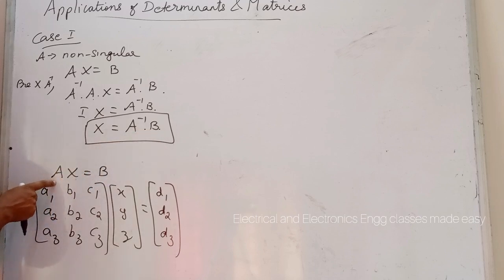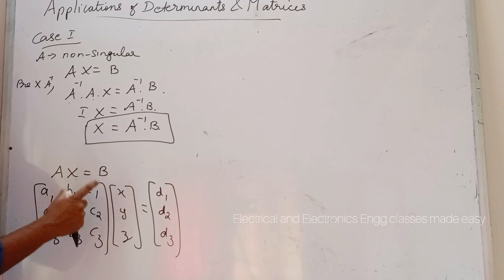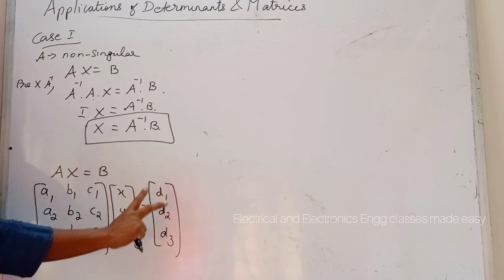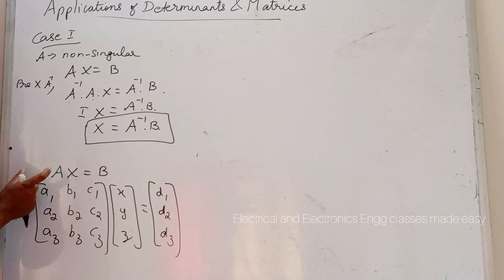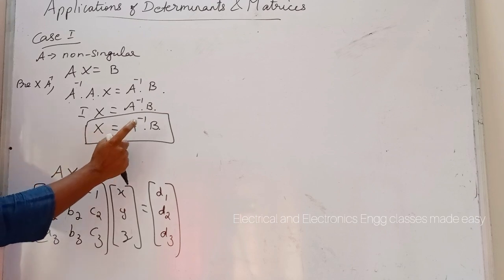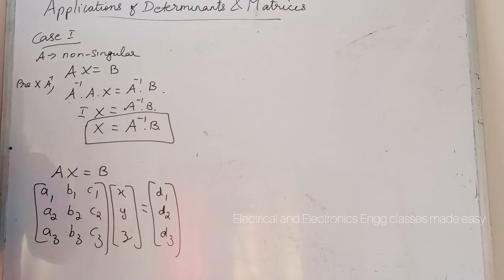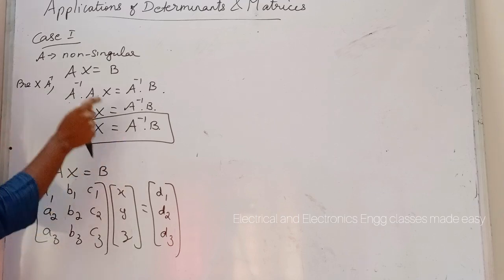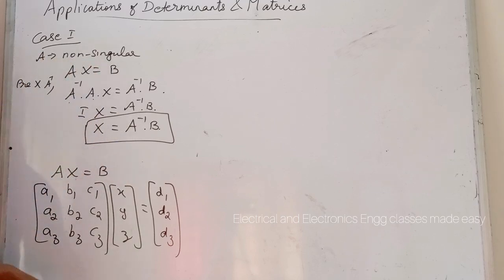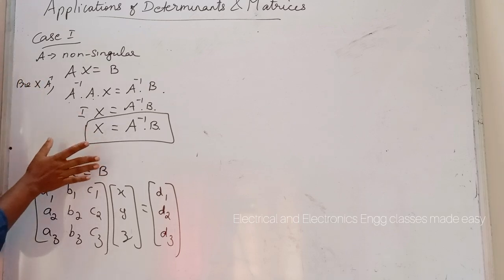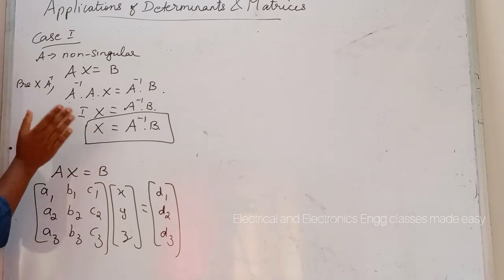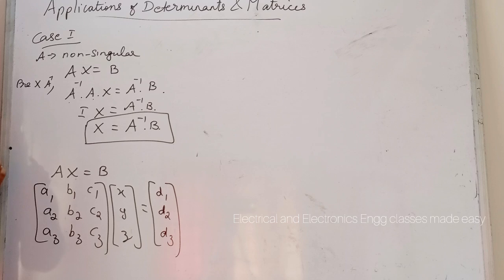So AX = B is the matrix form of the system of linear equations, and the solution of this equation is X = A inverse B. That is the case where A is a non-singular matrix, and this method of solving equations is known as the matrix method.